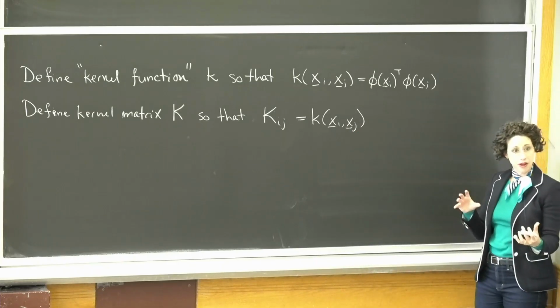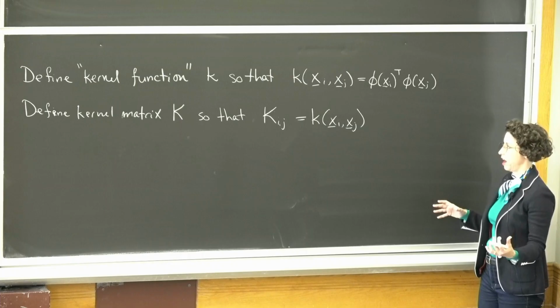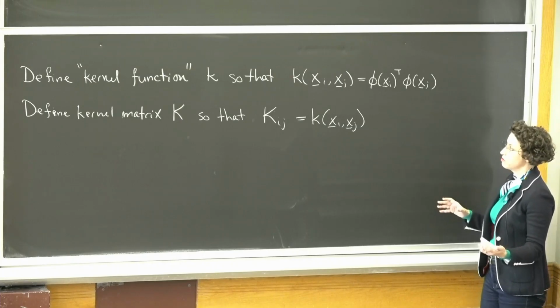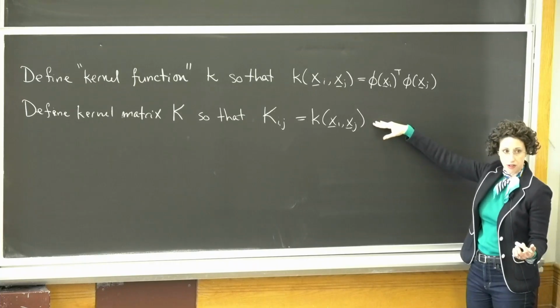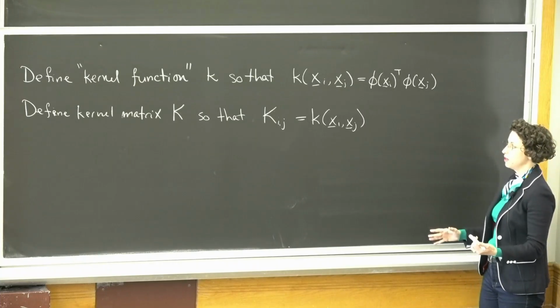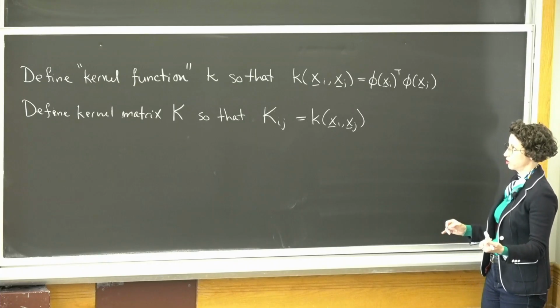So I can take every pair of feature vectors that I have and compute the inner product in this phi space, or compute this kernel function, and use it to populate my kernel matrix.